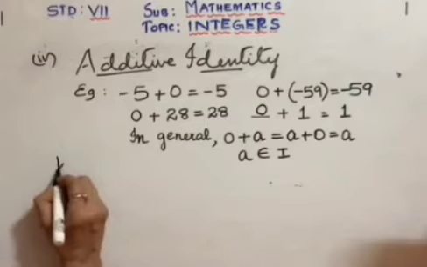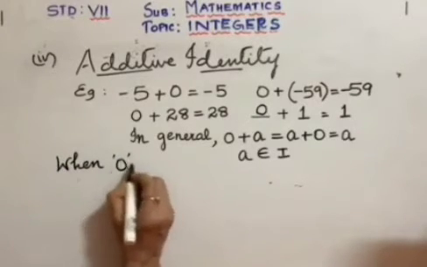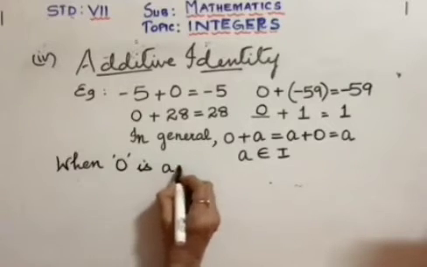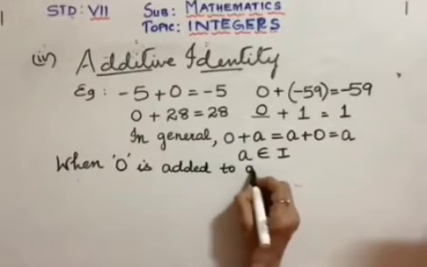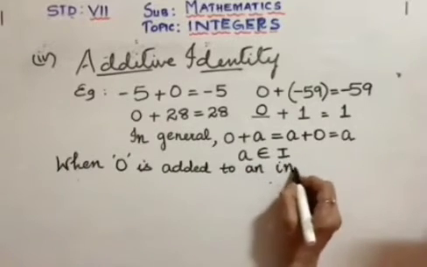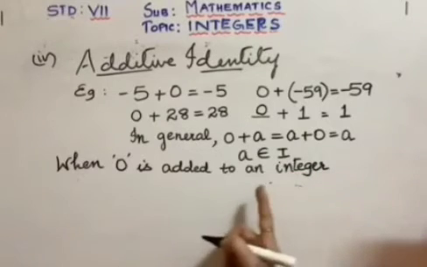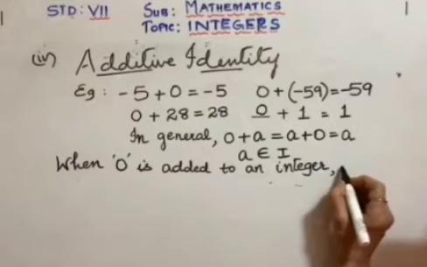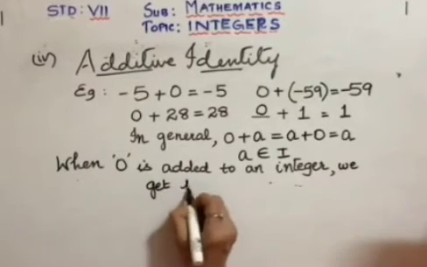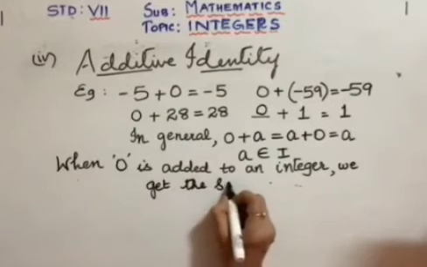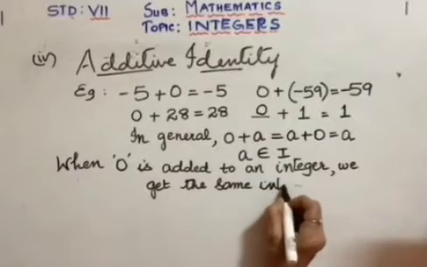When 0 is added to an integer, what happens? Yes, children, when 0 is added to an integer, we get back the same integer, as we have proved in all these examples.